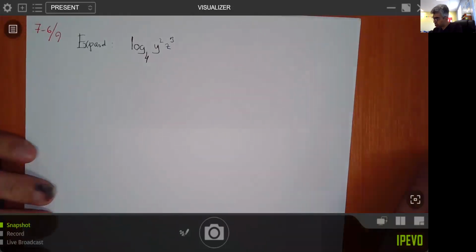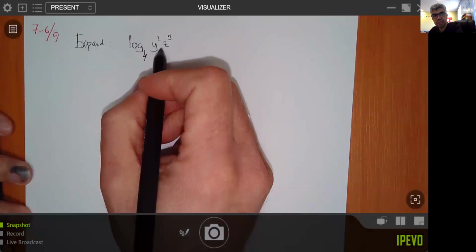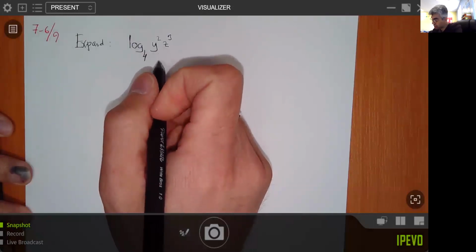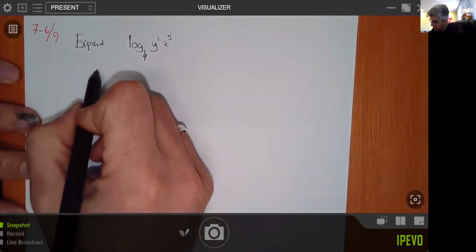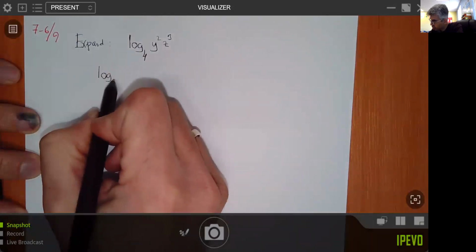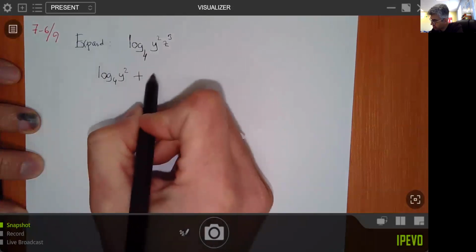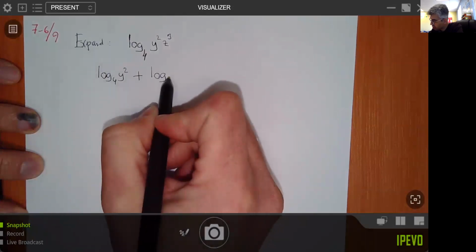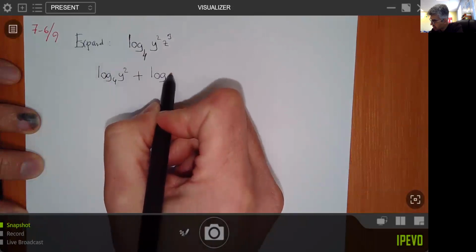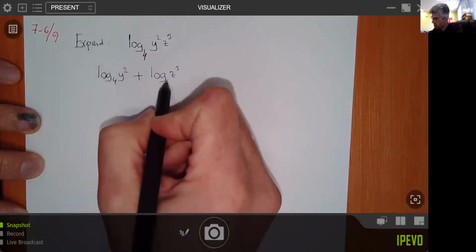Then let me show it, guys. So here what we have is multiplication. What do we do with multiplication? We write it as a sum of 2 logarithms: plus logarithm of z cubed base 4.